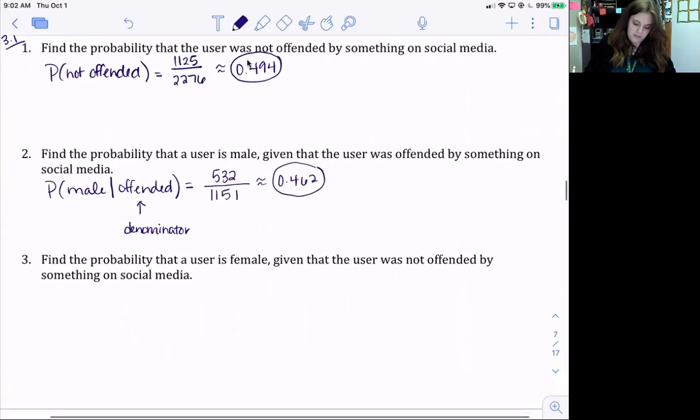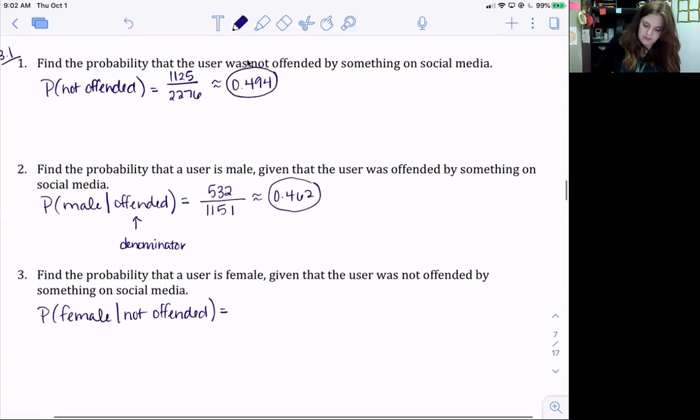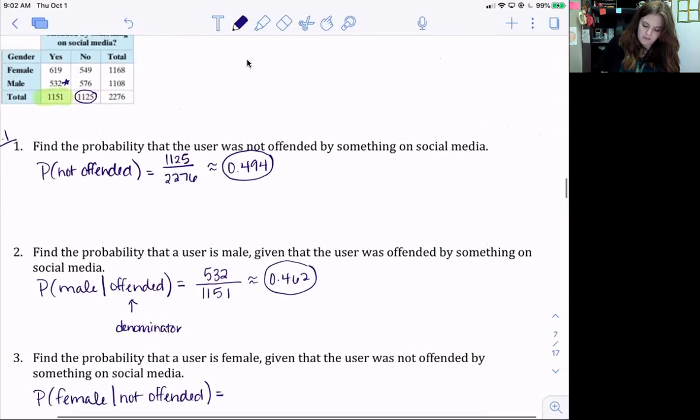Part 3, find the probability that a user is female, given that the user was not offended by something on social media. So we're finding the probability of female given not offended. Looking back at the table, how many were not offended?